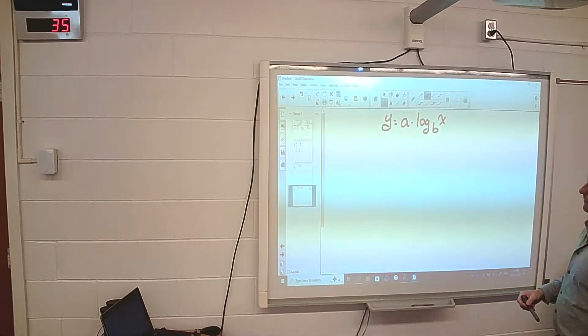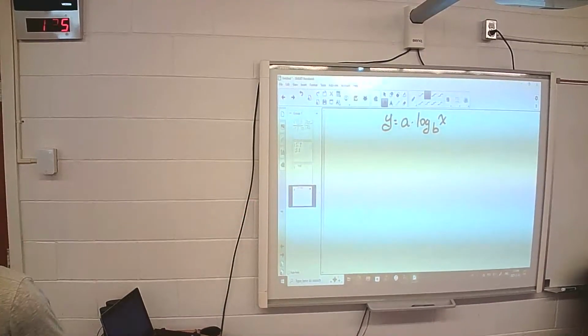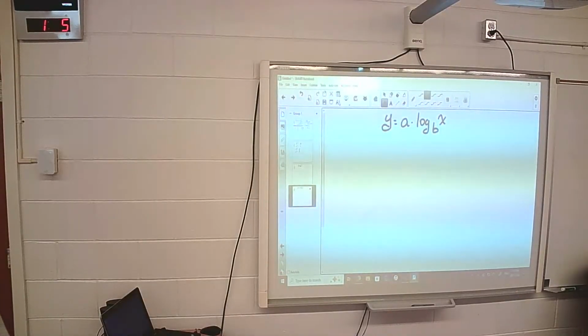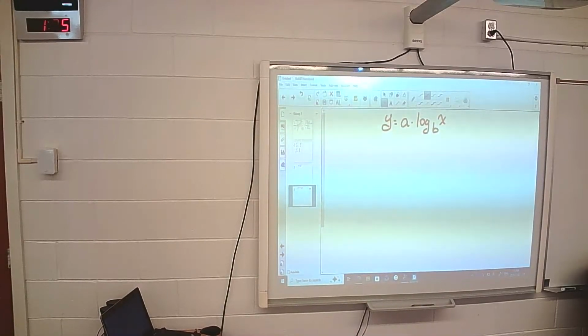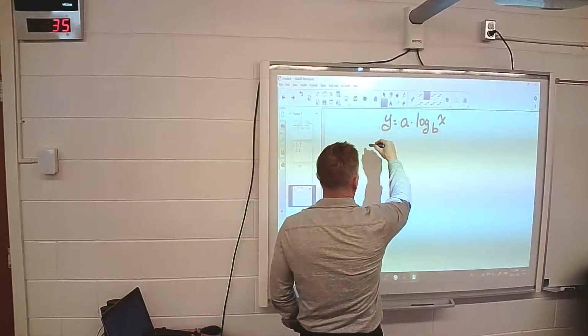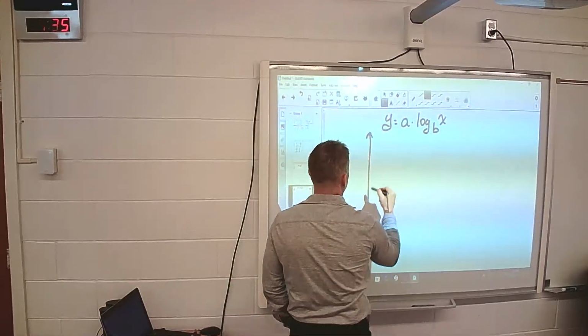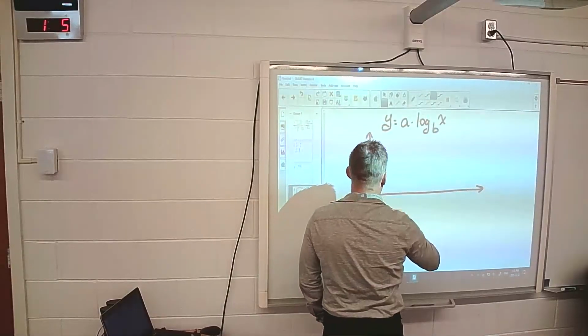Now, the question always is, well, what's the point? Well, what the logarithm allows us to do is change any base value to a base value of 10, which is what we count in. So that's what it allows us to do. Graphically speaking, if I am to graph this guy, this graph looks like this.